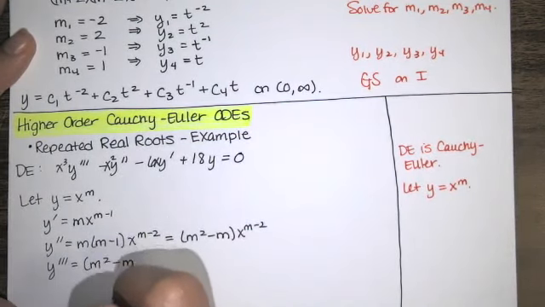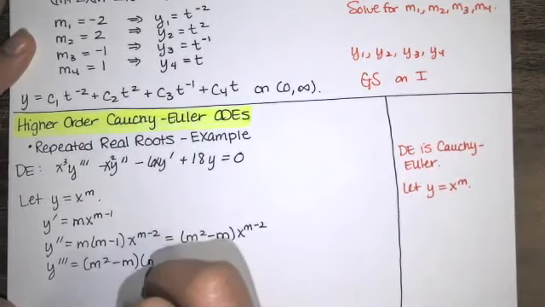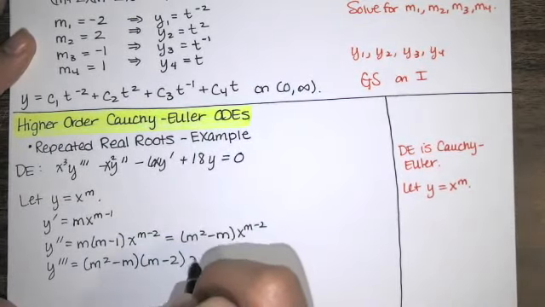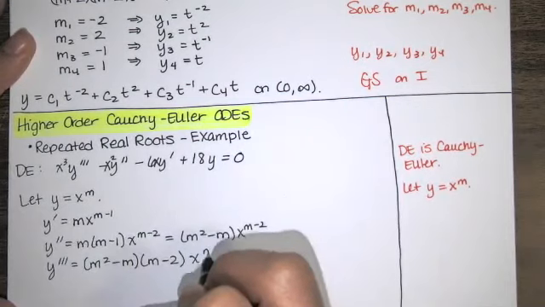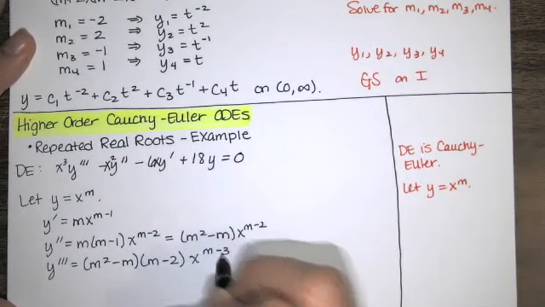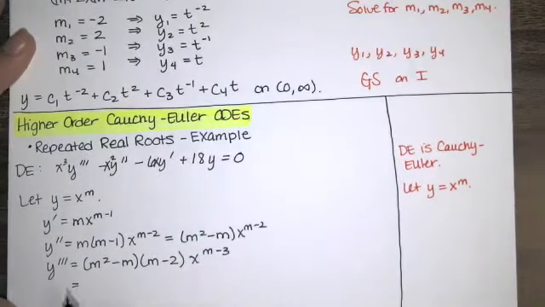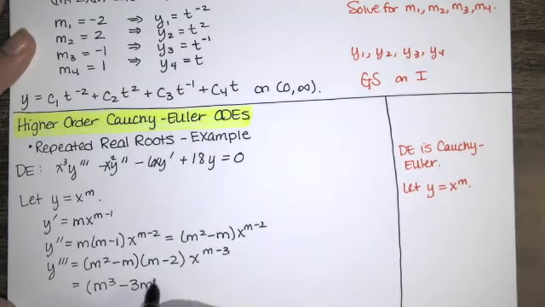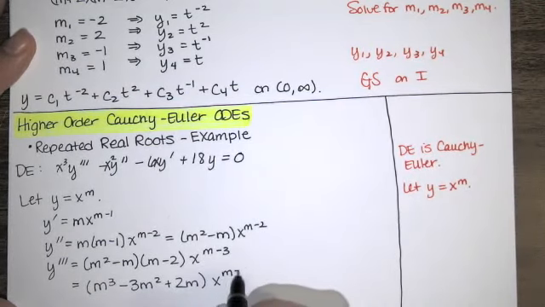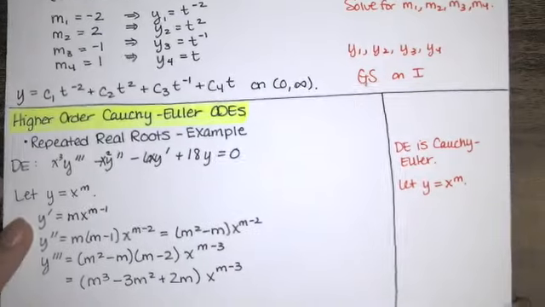Then you bring the constant down, bring the power down, multiply by x to the 1 less power, and it was a third order differential equation, so we only need the third derivative here. If you want, you can distribute here. First times first is m cubed, outer times outer is minus 2m squared, and inner times inner is another negative m squared, so we've got minus 3m squared there, and last times last is 2m. And so we've got that there.